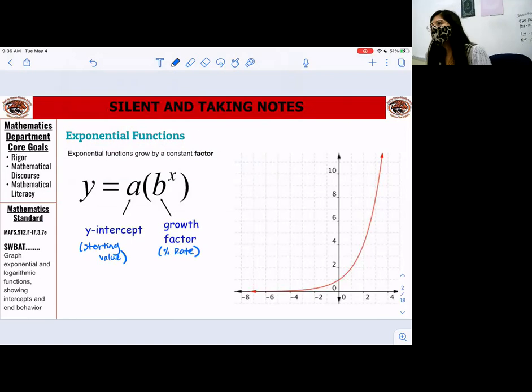So I want everybody to take a look at this graph and take 10 seconds to identify what is the y-intercept, and then find another 2 perfect points. So the y-intercept plus 2 other perfect points. Start thinking, and then when you're ready, you can shout it out.